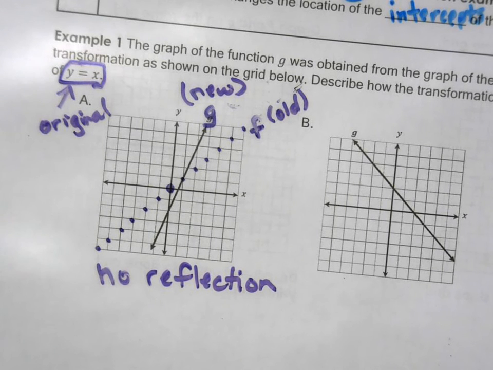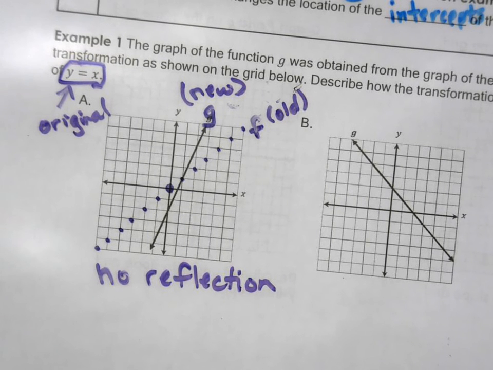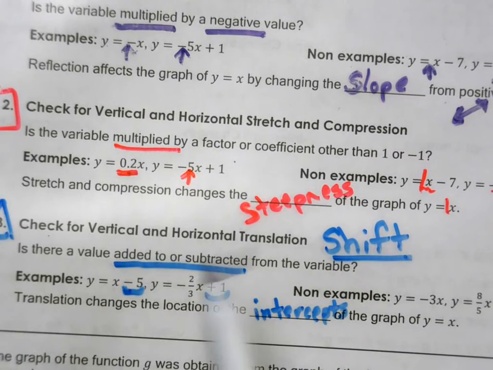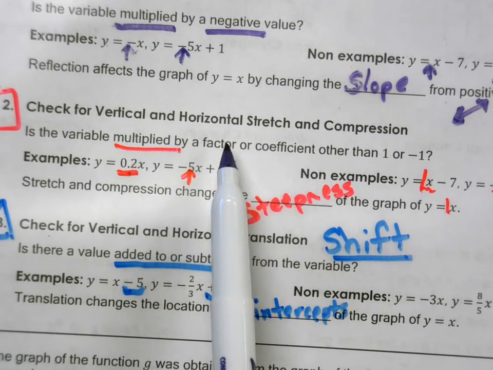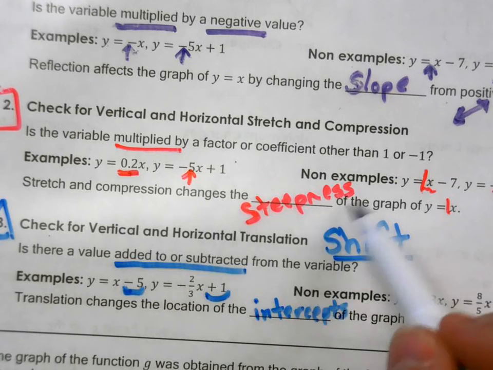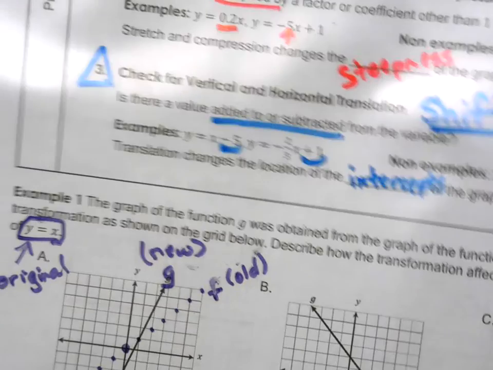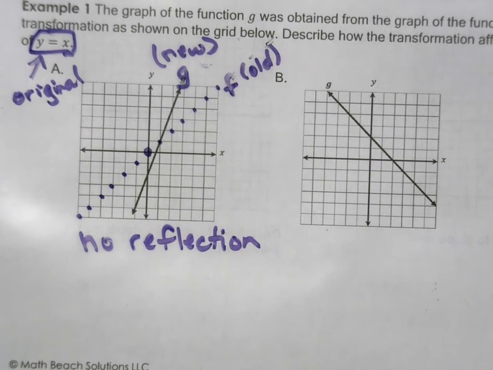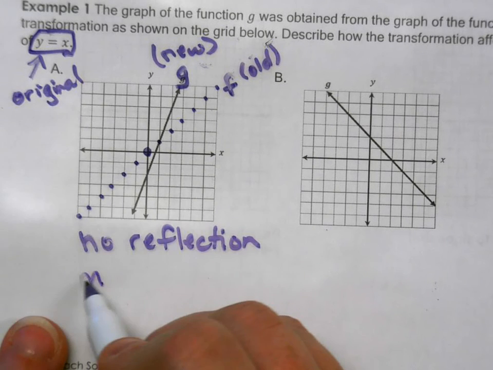So what's the second thing to look at? The vertical and horizontal stretch. We can say the steepness. How did the steepness change? Did it get more steep or less steep? More steep.